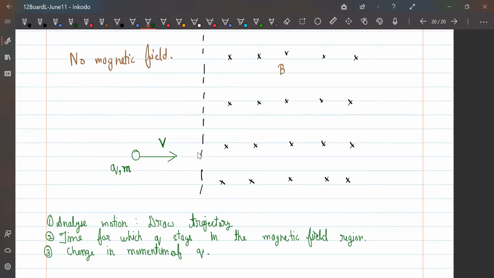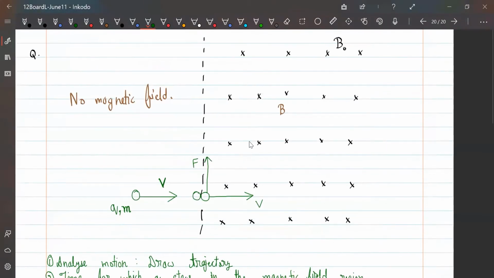From here to here, the charged particle will move straight, but just as it enters the magnetic field region, there will be a force on it in this direction, of course. So this force will cause the charged particle to turn.